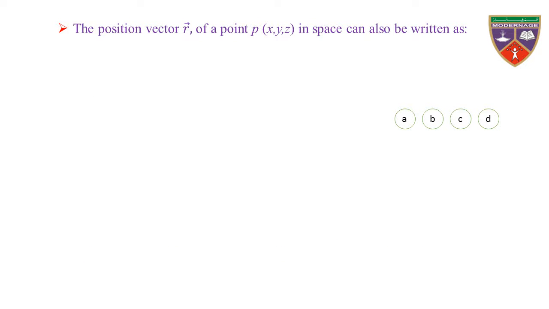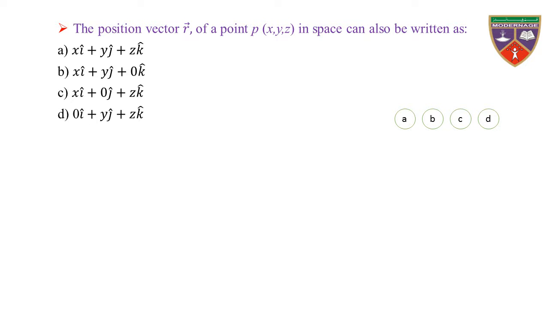The position vector r of a point P with the coordinates x, y, z in space can also be written as: option A, x i unit vector plus y j unit vector plus z k unit vector; B, x i unit vector plus y j unit vector plus 0 k unit vector; C, x i unit vector plus 0 j unit vector plus z k unit vector; D, 0 i unit vector plus y j unit vector plus z k unit vector.